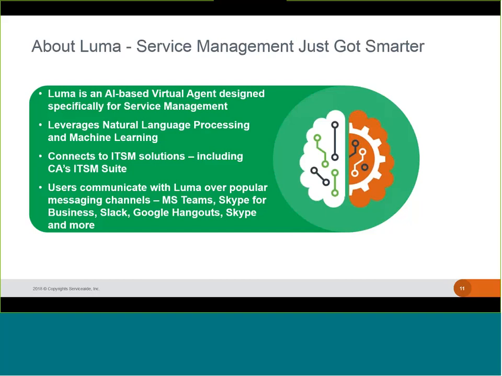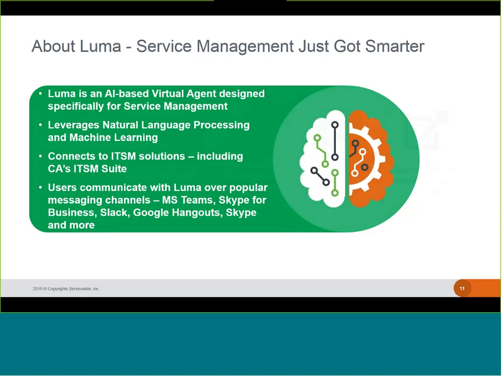So if your organization uses Microsoft Teams or Skype for Business or Slack or Google Hangouts or Facebook Messenger and so on, you are basically just creating a contact in your directory of users and saying this is the support contact, or you can name it Acme Corp support bot or Acme Corp support agent. And users reach out through chat, probably a tool they use all day, every day during their workday, to reach out to support.